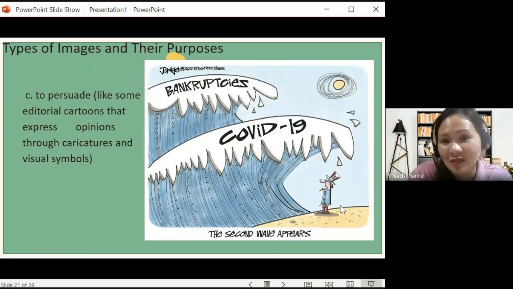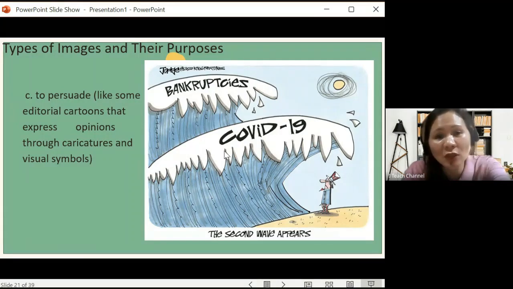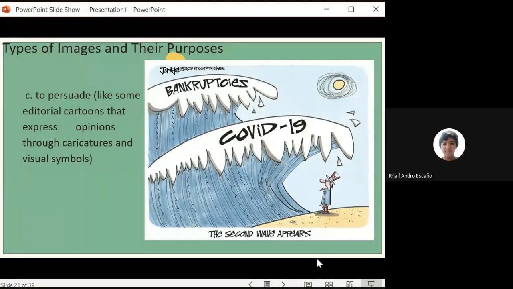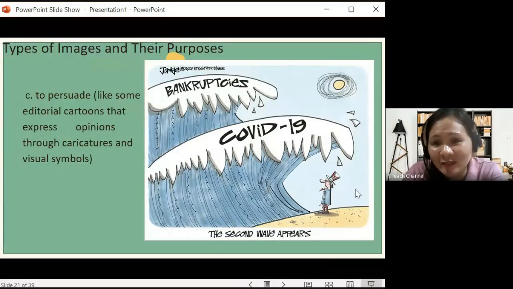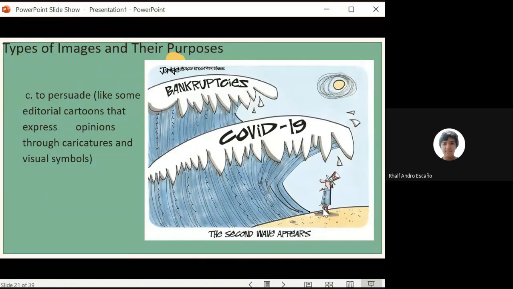Look at this. This small person represents the people, and this big wave represents COVID-19, and this one bankruptcy. And what is it trying to tell us? What will happen to you if that big wave will come? Class? What will happen to humans? Death. Yes, of course.